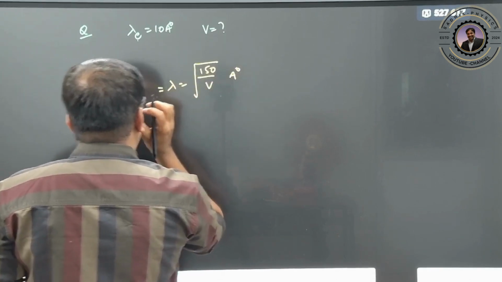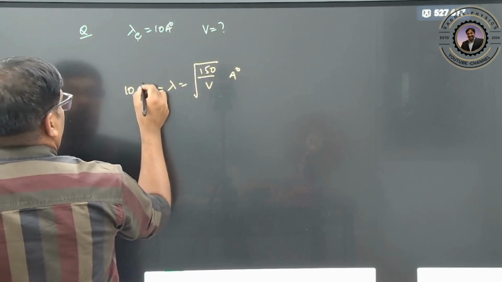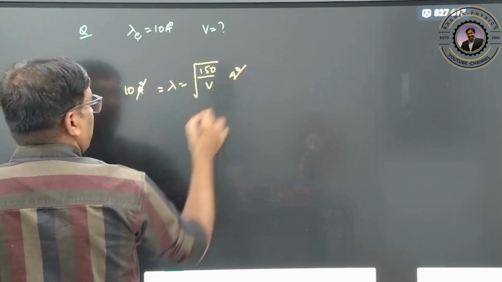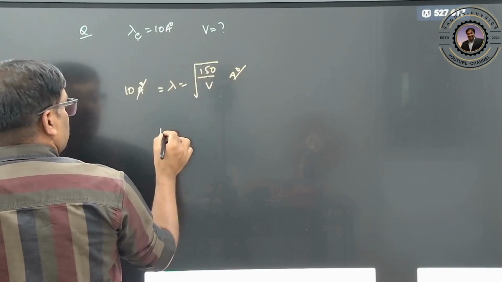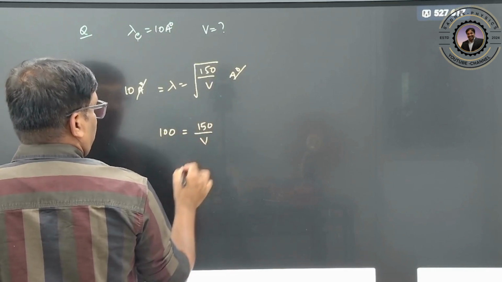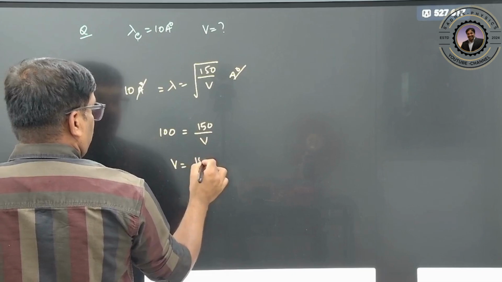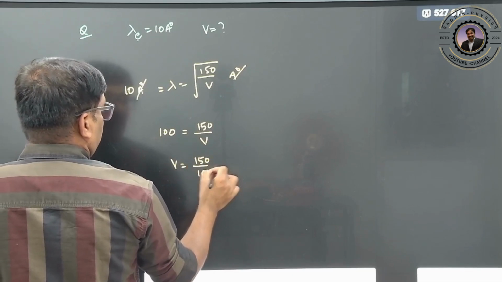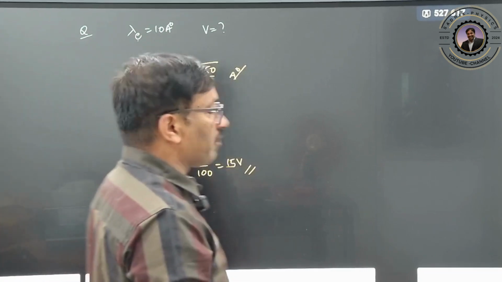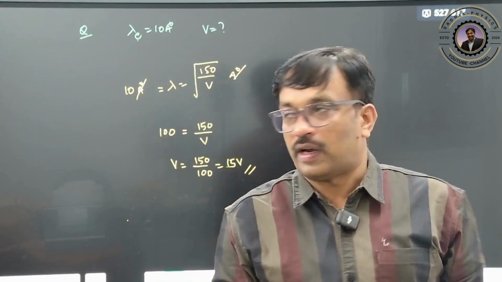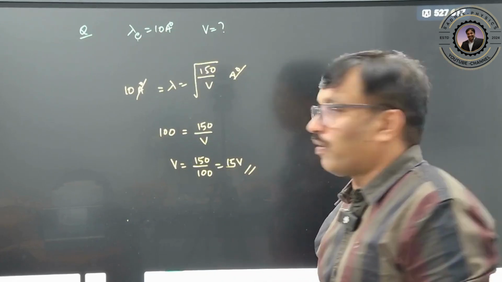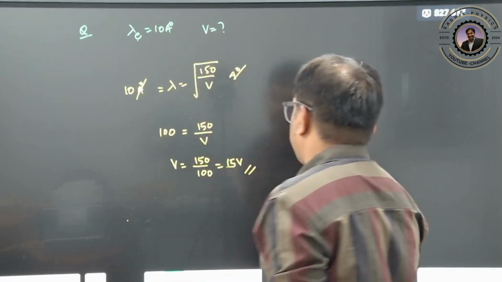This wavelength is given as 10 Armstrong. So the Armstrong cancels. Squaring this, 100 is equal to 150 divided by V, and V is equal to 150 by 100, therefore 15 volts. So this much potential difference should be given to an electron so that it gets a de Broglie wavelength of 10 Armstrongs.